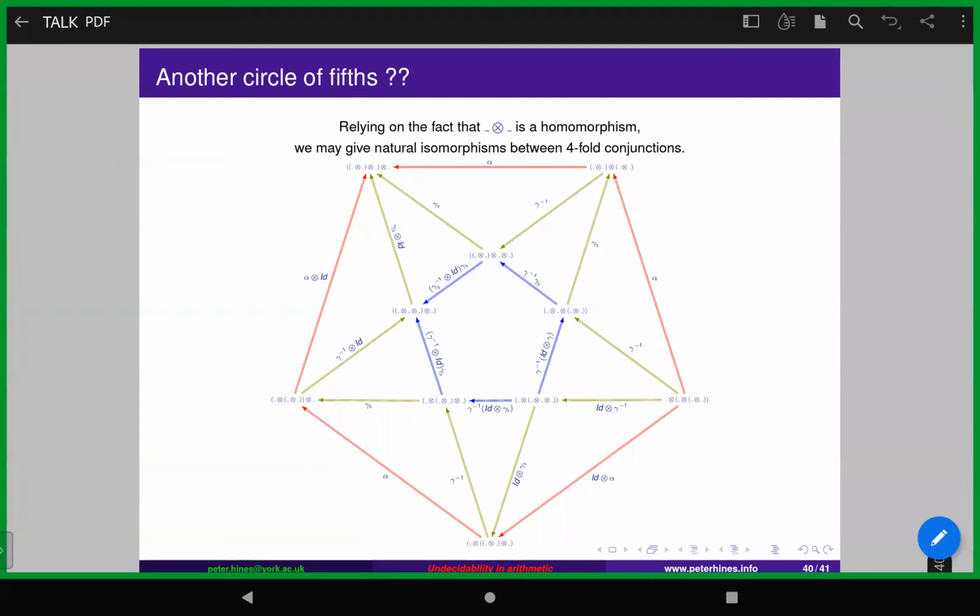This lets us build up homomorphisms explicitly that map between fourfold conjunctions by conjugation. And if we were to do this, this is where essentially we have to start considering category theory, because what we have around the outside here, the red pentagon, is known as MacLane's pentagon, one of the most famous commuting diagrams from category theory.